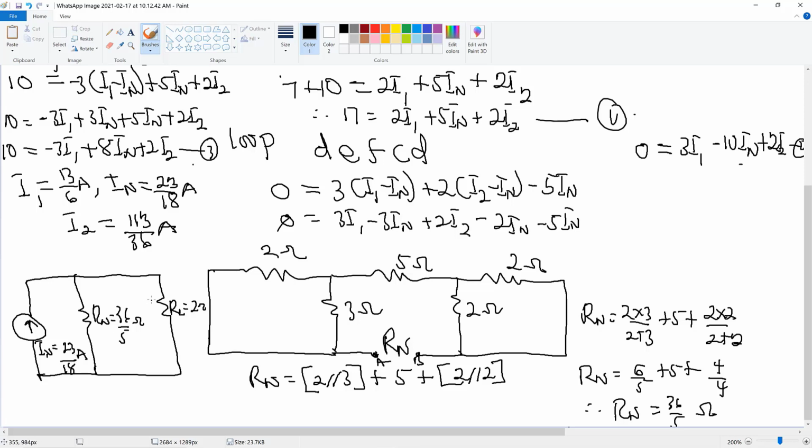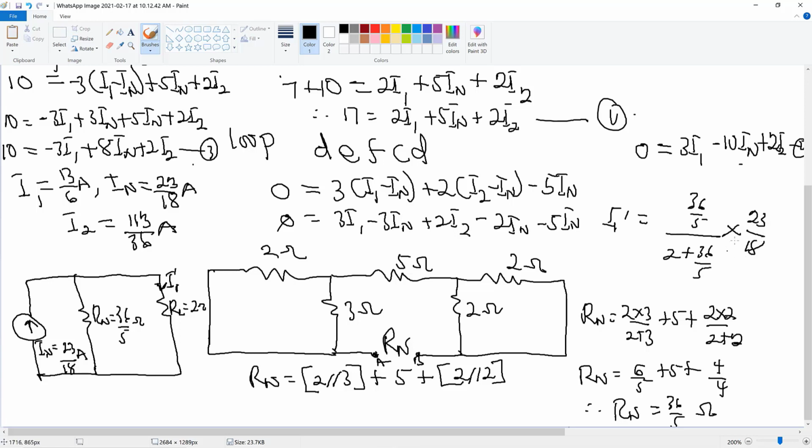So we would like to find the current through this particular portion of the circuit, and so we apply the current division rule. The current division rule says that the current, say I1 in this circuit, or say I1 prime in this circuit, is equal to the resistor on the opposite side, that's 36 over 5, divided by the summation of 2 and the 36 over 5 times the current that is going to be shared, that's 23 over 18 amperes.